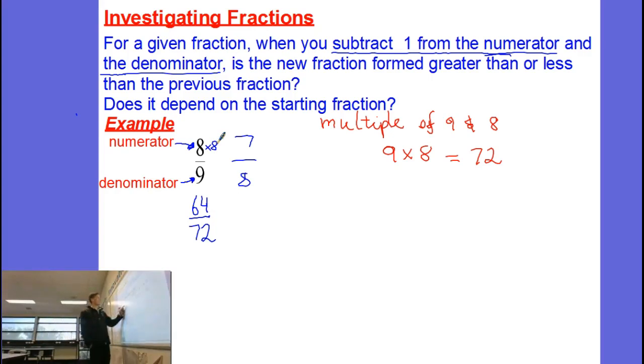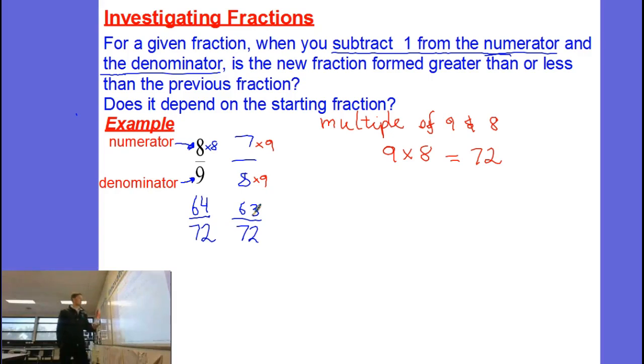Now, what about 7/8? Well, I multiplied my 8 by 9 to get a 72. So to form my equivalent numerator for 7/8, I also got to multiply the numerator by 9. So that gives me 72 denominator, and 9 times 7 is 63.